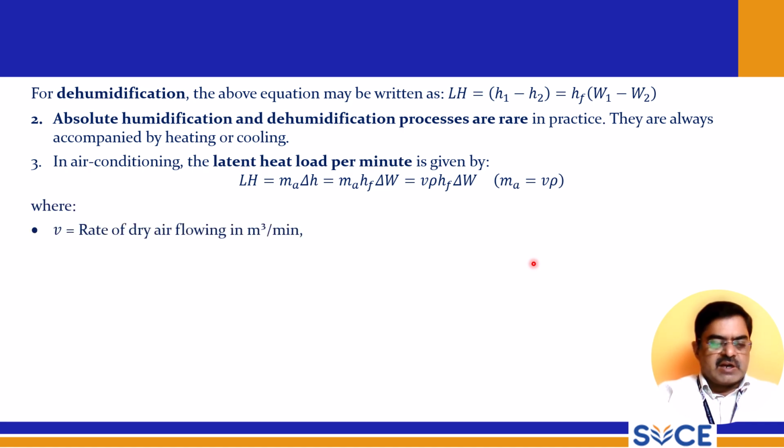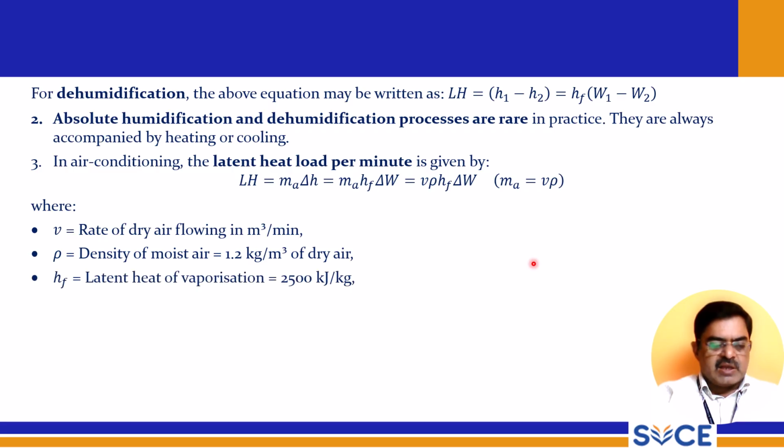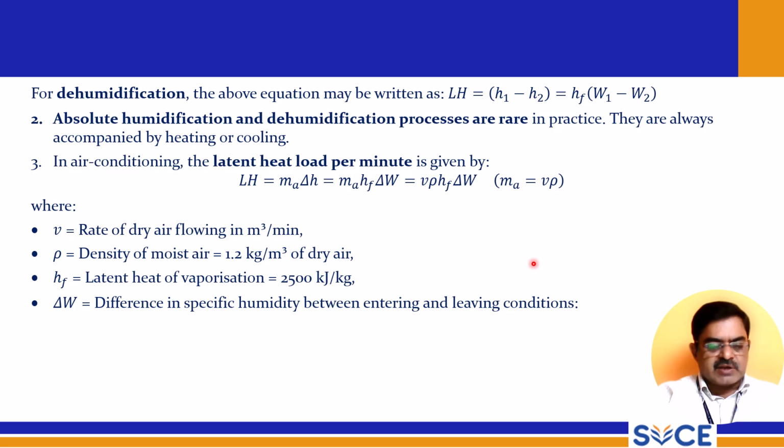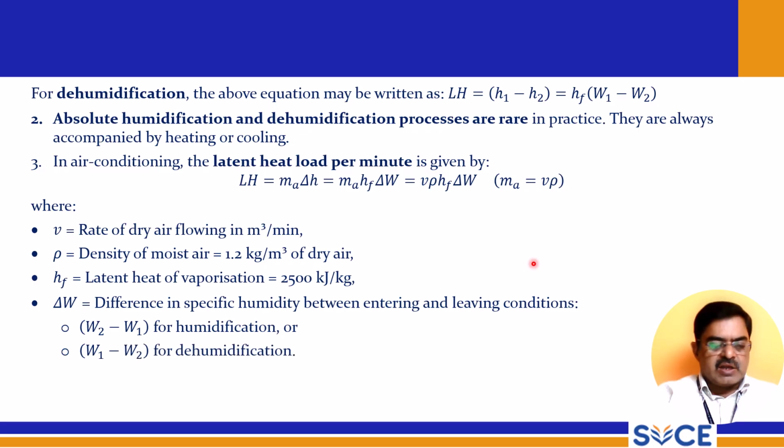V is the rate of dry air flowing in meter cube per minute, rho is the density of moist air, taken as 1.2 kg per meter cube of dry air. hfg is the latent heat of vaporization, that is 2500 kilojoules per kg, and delta W is the difference in specific humidity between entering and leaving conditions, so W2 minus W1 for humidification, or W1 minus W2 for dehumidification.